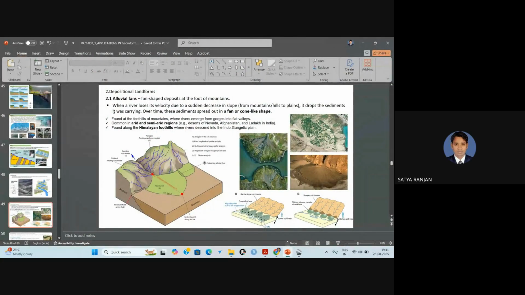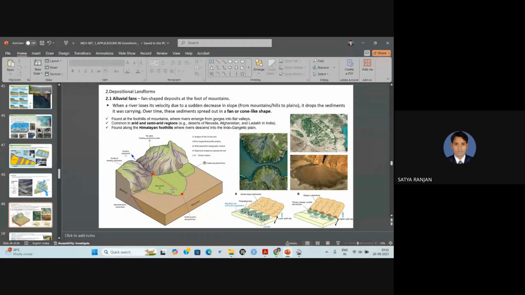Then some depositional landforms. All these are erosional landforms. Then the depositional landform is the alluvial fan. It is like a fan-type deposit at the foot of the mountain. When there is a feeder catchment and a river, it gathers all these sediments from the upper hilly terrain areas, then deposits them in the lower areas, and it creates fan-like structures.